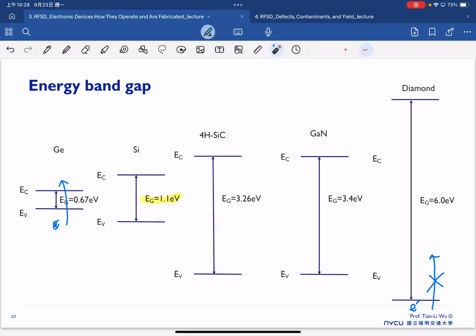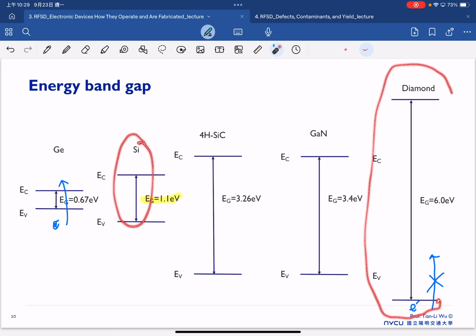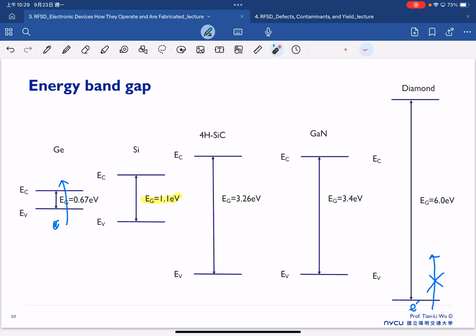Of course, diamond is an extreme case, but in between diamond and silicon, we also have other materials that have a slightly lower band gap, but still relatively larger than silicon. For example, silicon carbide or gallium nitride. Generally, they have a 3 times larger band gap than silicon.